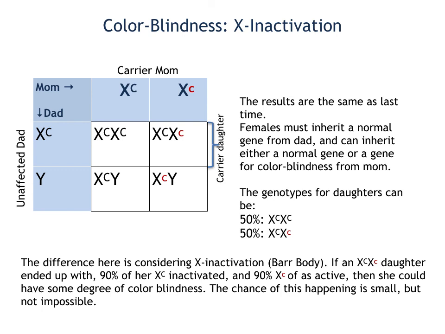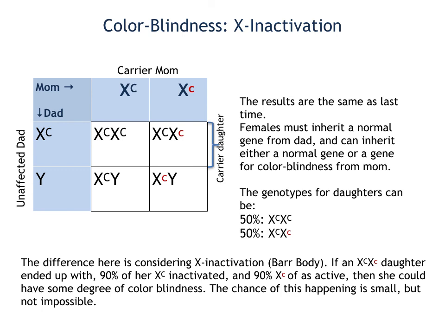Remember, when you have a bar body formation, one of the X chromosomes is randomly inactivated in every cell in your body, and the other X chromosome is good. And it's completely random which one it is. So overall, you're going to have 50% that inactivate the bad chromosome in one cell and 50% that inactivate in another cell.